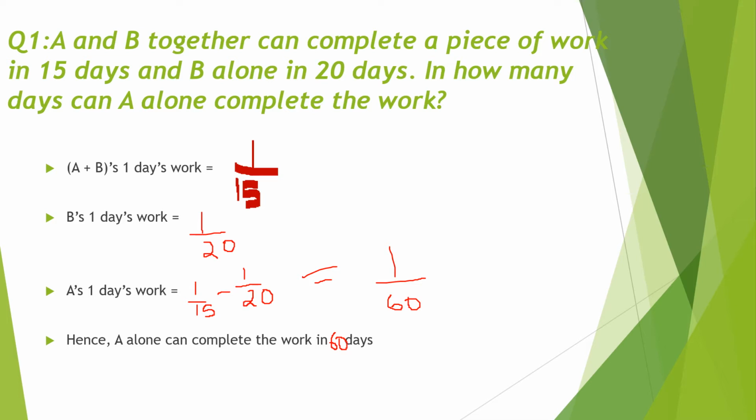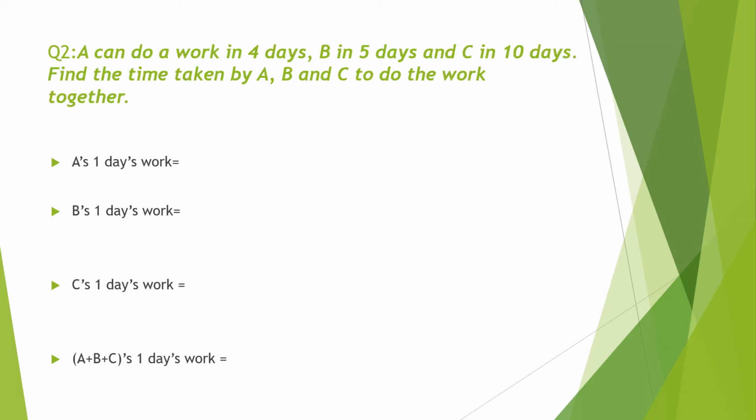Now coming to the next question. A can do a piece of work in 4 days, B in 5 days, and C in 10 days. Find the time taken by A, B, and C to work together. A's 1 day's work is 1 by 4, B's 1 day's work is 1 by 5, and C's 1 day's work is 1 by 10.